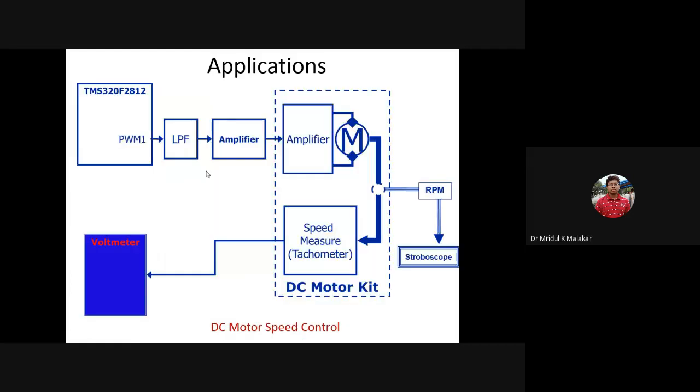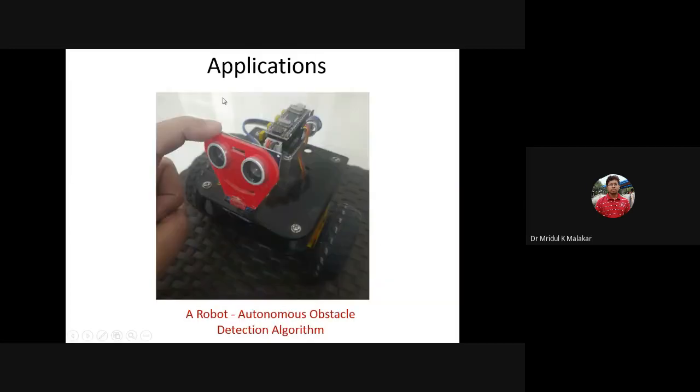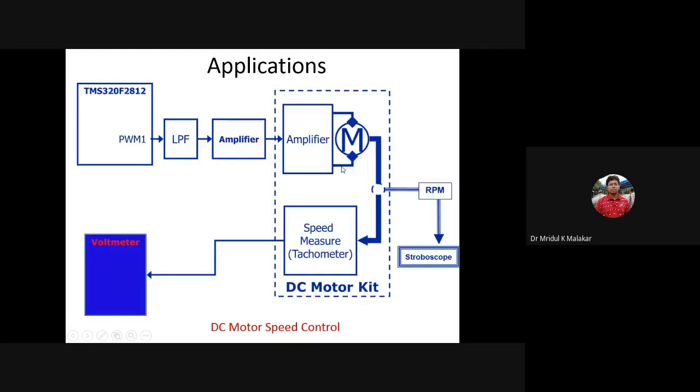Okay, another one is the DC motor speed controller. Inside that, the motor is a DC motor. So how is it connected? In the hardware system, the measurement is by a voltmeter or multimeter. In terms of voltage, actually you are measuring the speed.